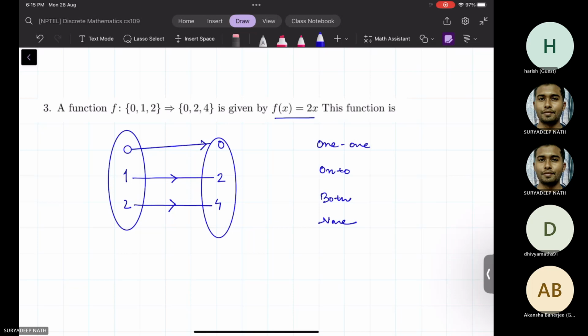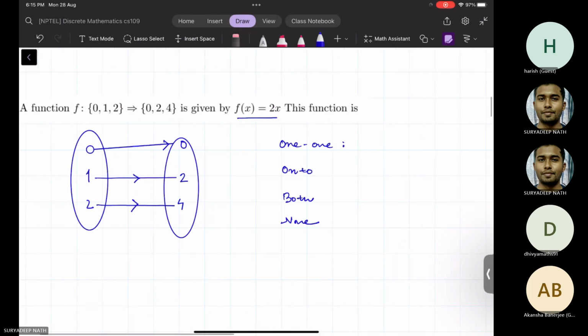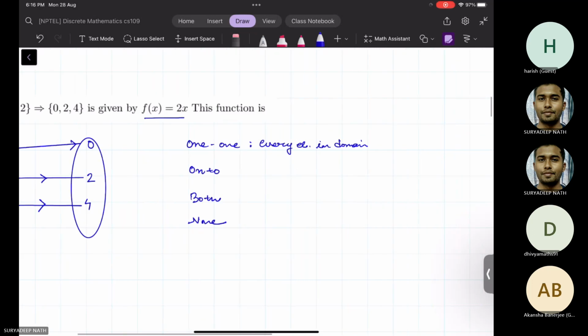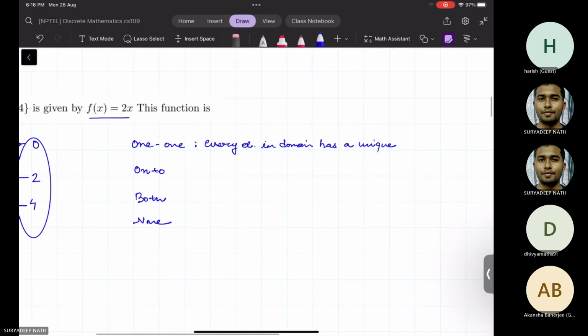Both one-one and onto, right? So it is one-one because every element in the domain has a unique image.